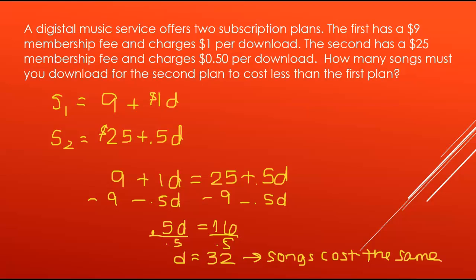So what that means is that if I download more than 32 songs, the second plan is a better deal. So any download greater than 32, the second plan will cost less. Okay?